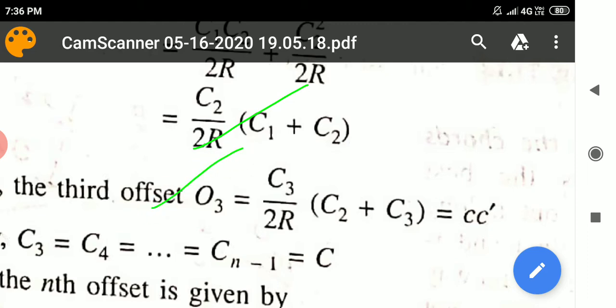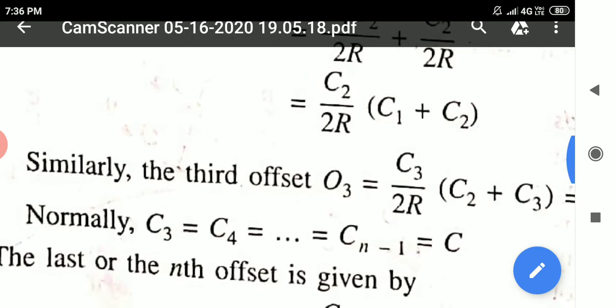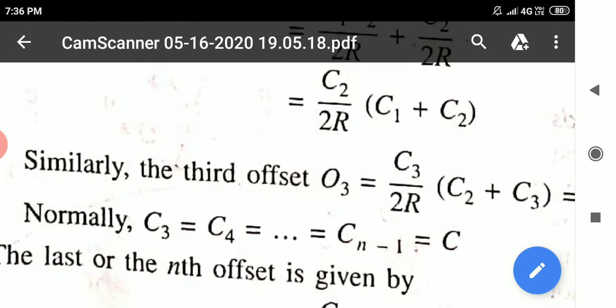For O3, I put C3 divided by 2R and C2 plus C3. Then C3, C4, and so on up to Cn minus 1.